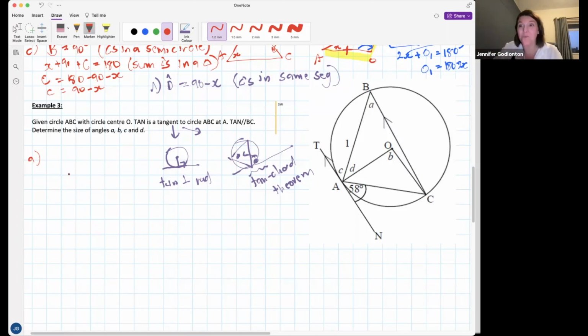Angle OAC is equal to 32. Okay, sure. Because OA is a chord and it's perpendicular to the tangent.